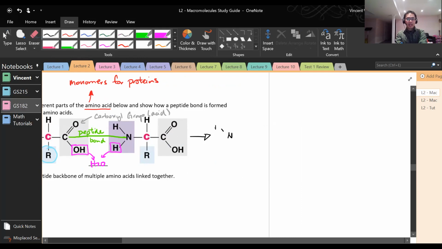So we have the NH, the amino group. We have the central carbon of the first amino acid. And then we have the side chain. I'm going to call this R1 for side chain number 1. And then we're going to have the C double bond O. We no longer have the OH, so this carbon will be connected directly to the N of the next one.